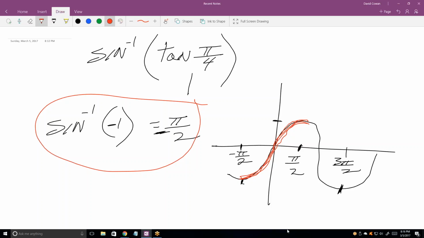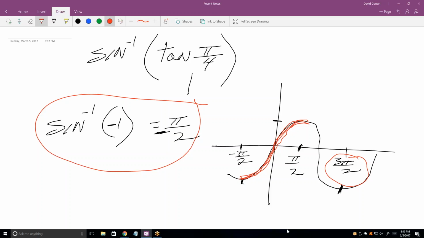Understand? I'm not sure you would necessarily lose points if you put 3 pi over 2, because my teacher's policy is that we would. You would lose points? Yeah, just purely because of the concept that inverse sine does not go through quadrant 2 and 3.